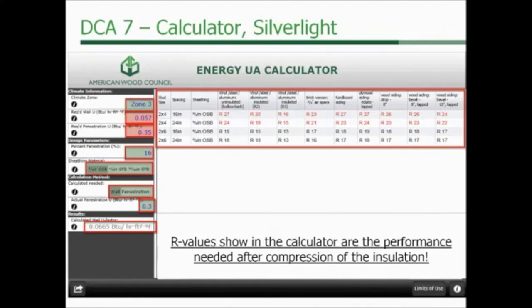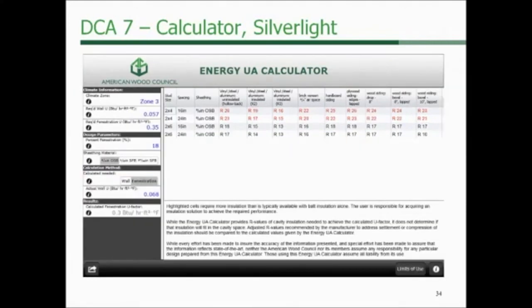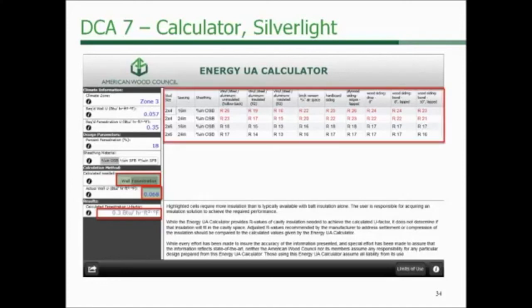Okay. So this is going the other direction now. Okay, showing the other direction. So I clicked on fenestrations. And remember, I wanted to use a 0.068 wall, and again, it's showing the 0.3 fenestration value. What's cool about this is I picked what wall U factor I wanted, right?